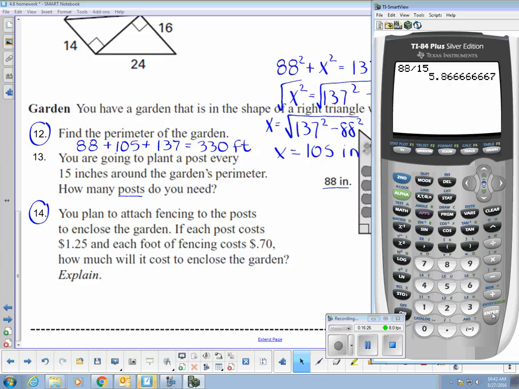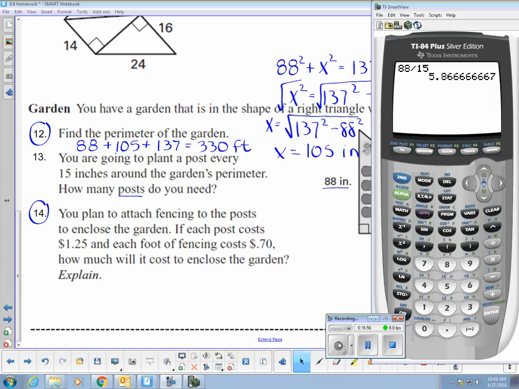So I'm going to need to go about every 6 feet with a post. Sorry, not every 6 feet, we're going every 15 inches, which means I'm going to need about 6 posts. All right, I can't have 5.8 of a post, so I'm going to round up, and I'm going to put 6 posts on that side.